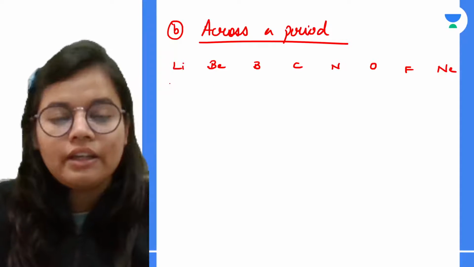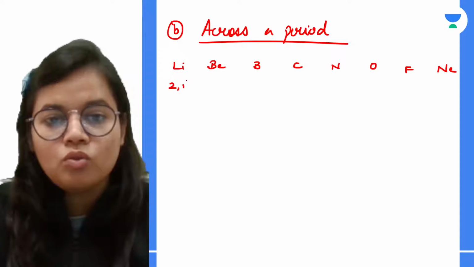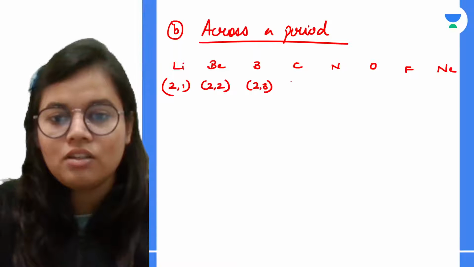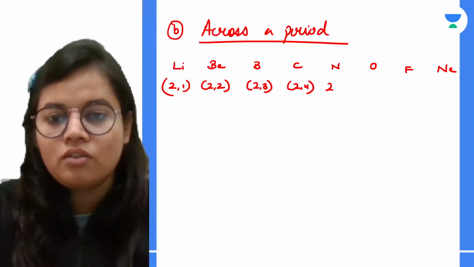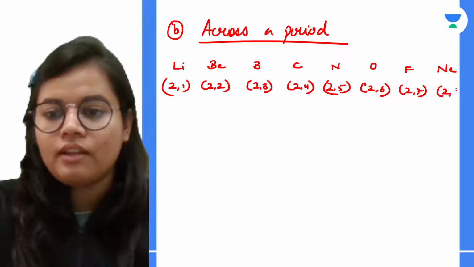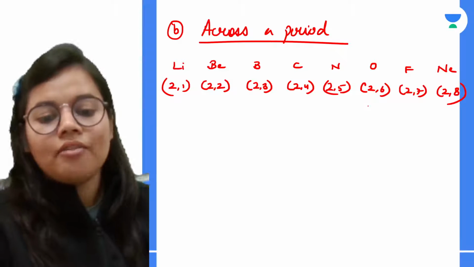The electronic configuration is 2 1, 2 2, 2 3, 2 4, 2 5, up to 2 8.